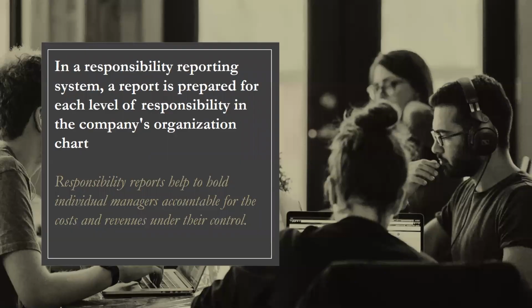So in a responsibility reporting system, a report is prepared for each level of responsibility in the company's organization chart. So responsibility reports help to hold individual managers accountable for the costs and revenues under their control.